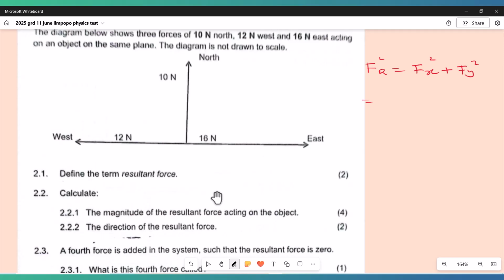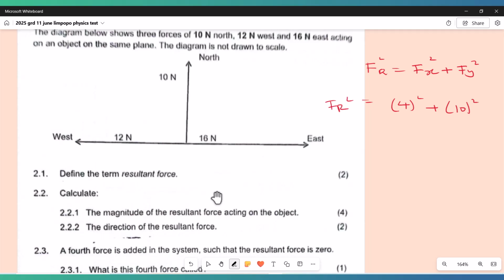So now 16 positive, then minus 12 here. What do we get, guys? We're going to get 4 squared, and then plus, what about here? Vertical only has 10, so plus 10 squared. This is our F resultant squared.